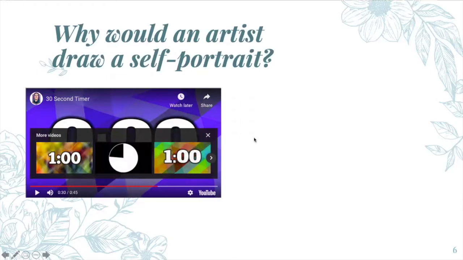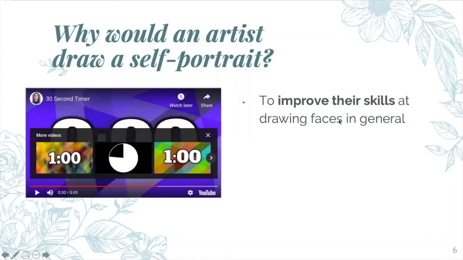All right, so let's ask ourselves, why would an artist draw a self-portrait? Now, there are a bunch of different answers that you could have possibly come up with, but the three main ones that I think are important to think about is one of them is to improve our skills at drawing faces in general. So, one skill to learn when you are becoming an artist is self portraits.